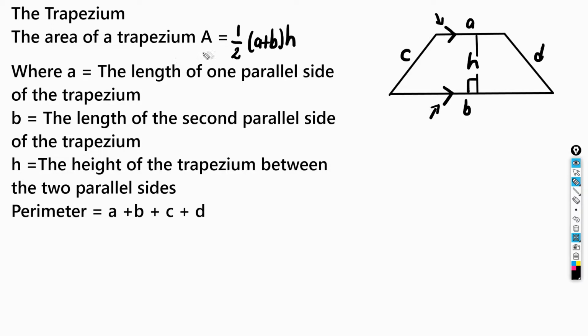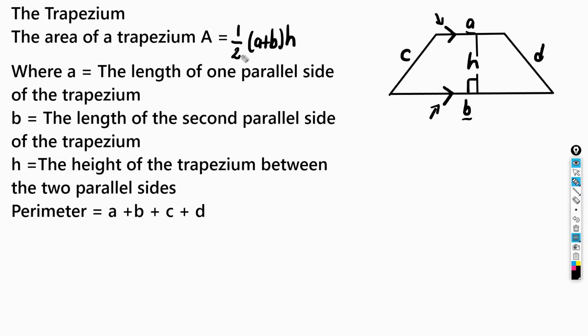To find the area of a trapezium, it's half of A, which is the first parallel side, plus B, which is the second parallel side, multiplied by H, which is the perpendicular height.